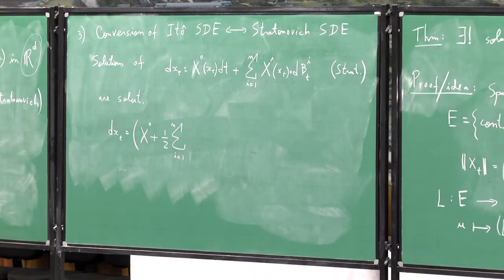Up to yesterday, we were talking mainly about the one-dimensional case, and now the interpretation is coordinate-wise, with many vector fields.